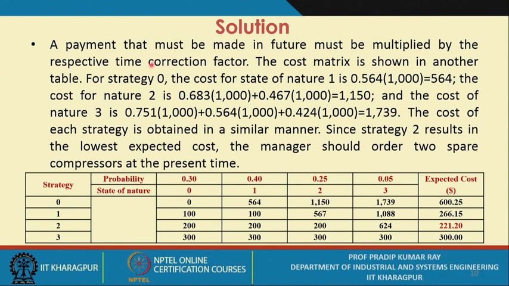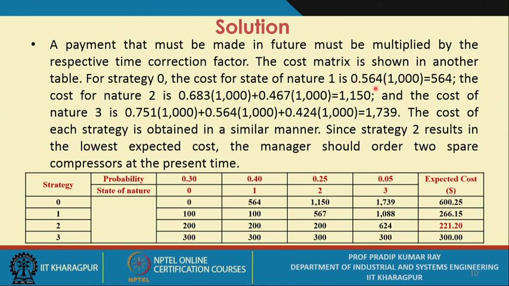Okay. So, I will just explain the steps which we are following. A payment that must be made in future must be multiplied by the respective time correction factors. So, already in the previous table this time correction factor is given. The cost matrix is shown in another table. So, this is the cost matrix we are showing. For strategy 0, the cost for state of nature 1, that I have already mentioned, is 0.564 into 1000.